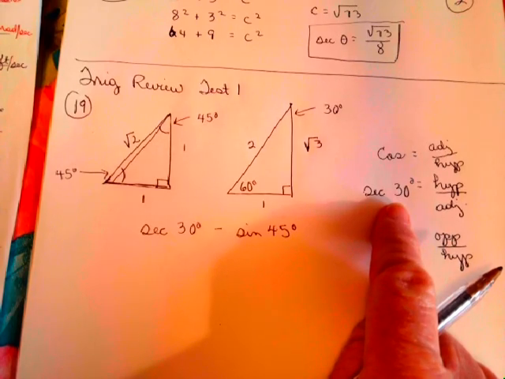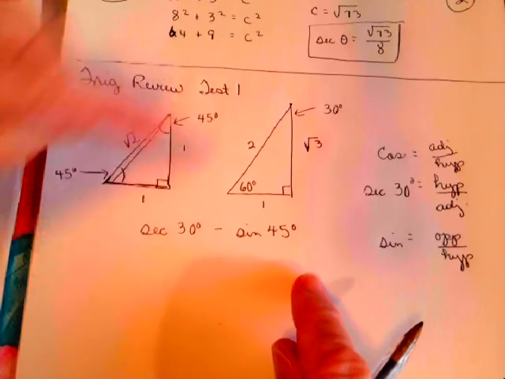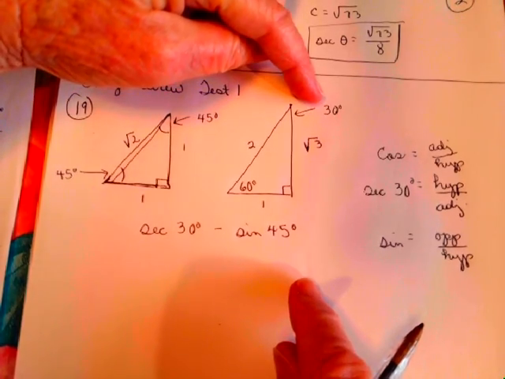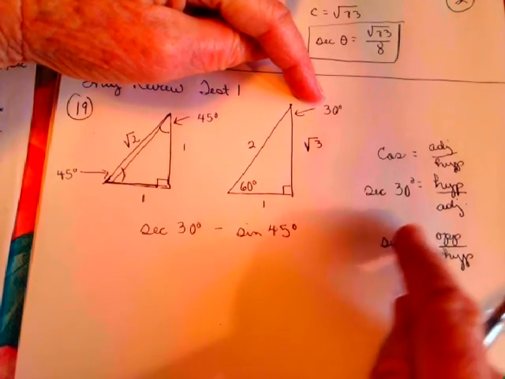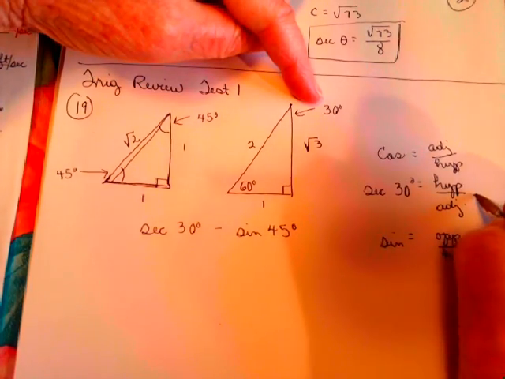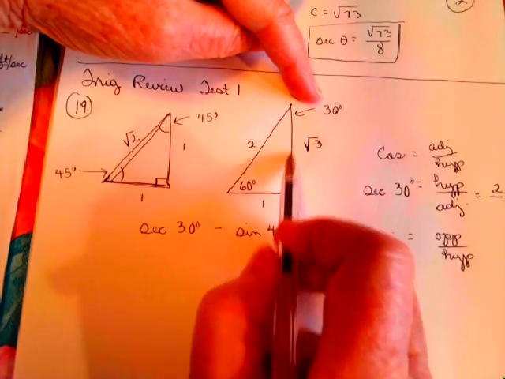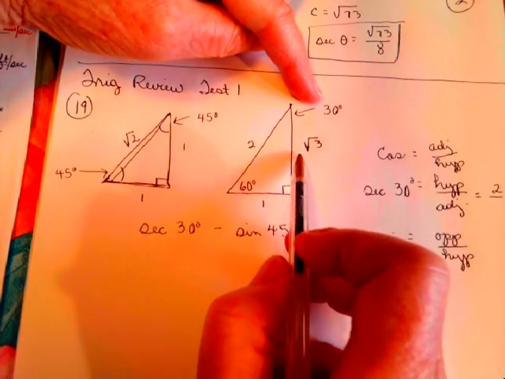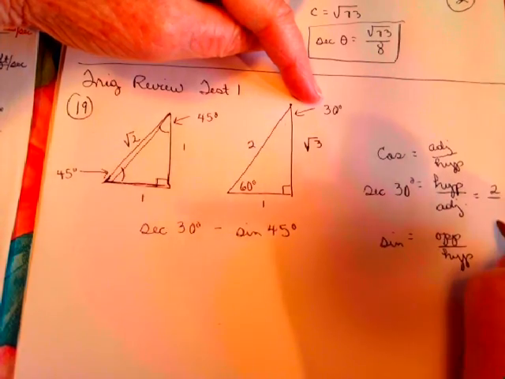In this problem they're saying find the secant of 30 degrees. So here is my 30-degree angle. The secant of that is the hypotenuse, which is 2, over the adjacent side. And the adjacent side, remember, is the side that touches the angle you're talking about.